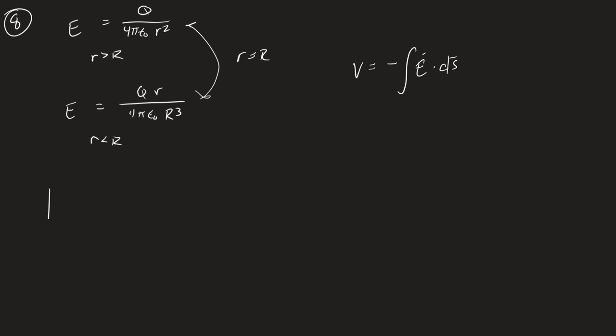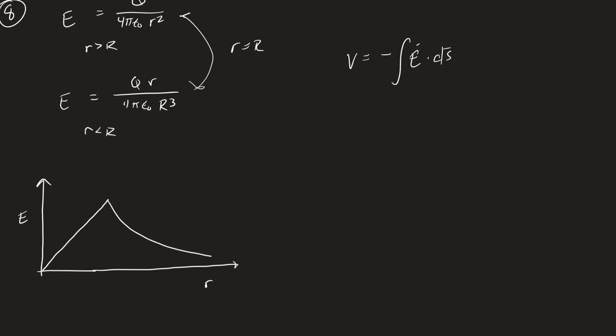We talked about this a while ago, but I kind of want to point it out. The electric field looks something like this, as we talk about how much electric field is around this charged insulator.